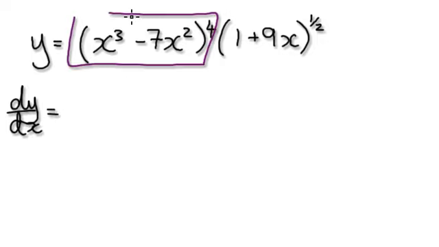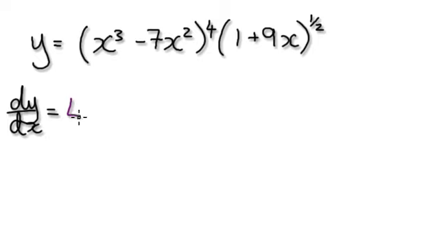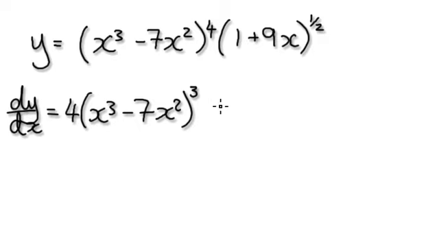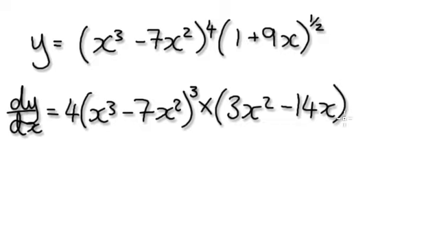So differentiate the first block. So that will be 4, and then x to the power 3 minus 7x squared, and then to the power 3, and then we've got to times it with the differential of this bubble here, which will be times bracket 3x squared minus 14x, and then close it off.